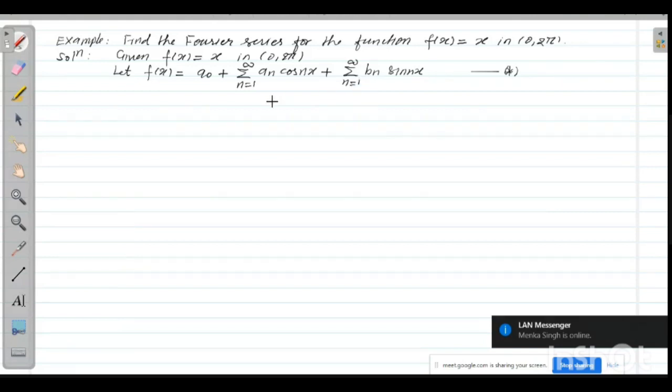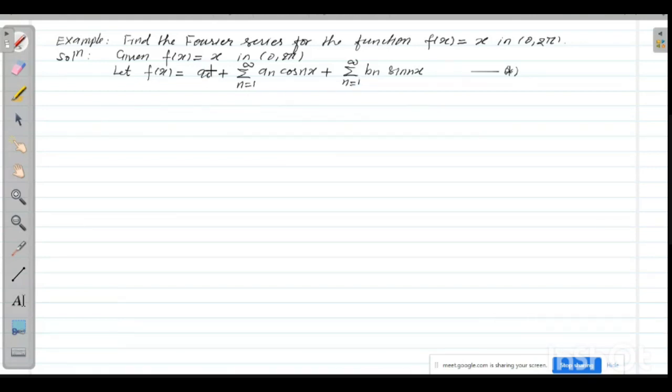So for this we will have the formulae for the Fourier coefficients. A naught is 1 upon 2 pi integration of limit 0 to 2 pi f of x dx.